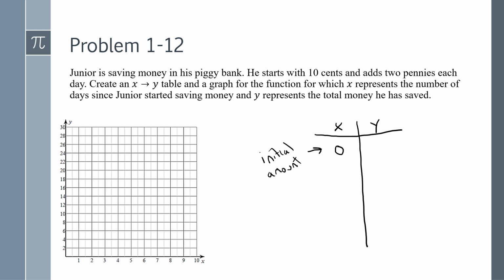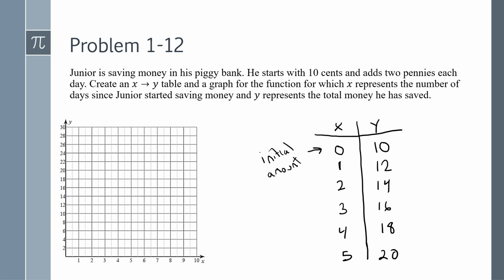So he started with 10 cents. So when X is 0, Y is 10. Then after 1 day, he has 2 cents more. So that's going to give me 12. After 2 days, 14. 3 days, 16. 4 days, 18. And 5 days, he's up to 20. And dot, dot, dot.